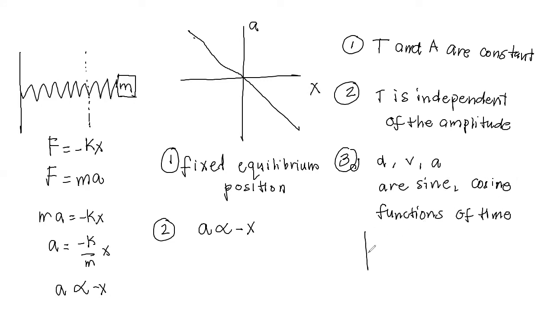We have the cosine graph for the displacement time graph. We have the velocity time graph, which is the sine graph, and we have also the negative cosine of the acceleration time graph. That's it.